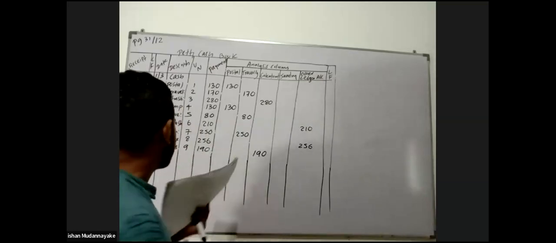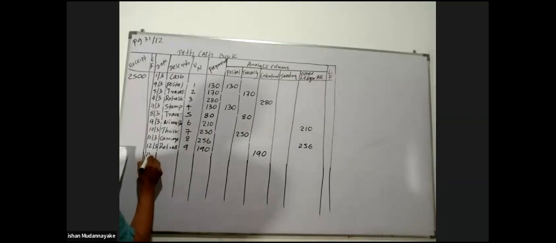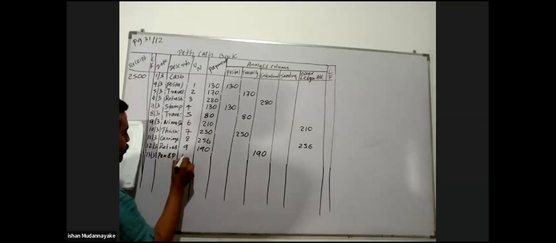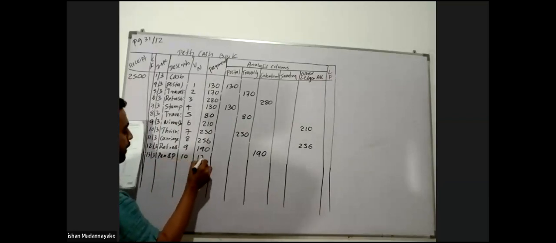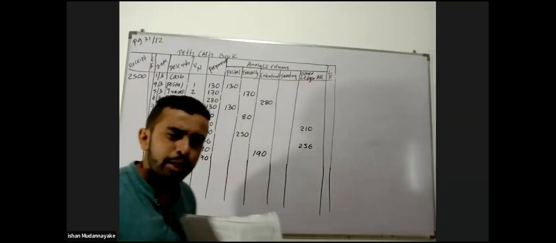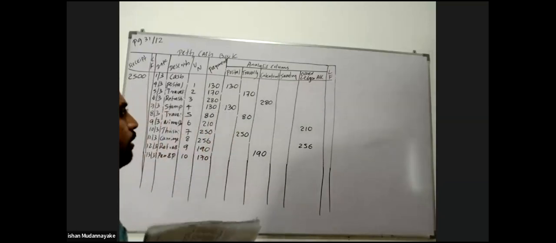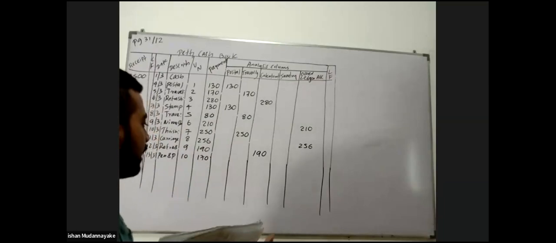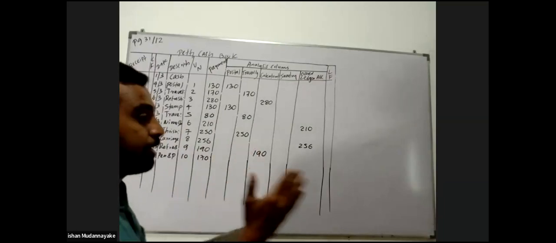Pen and pencils, 30th March, voucher number 10, 170. Ramai, pen and pencils, how to categorize? Here we don't have a special category to record stationery expenses.